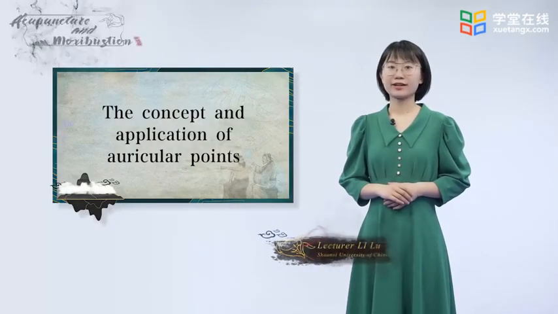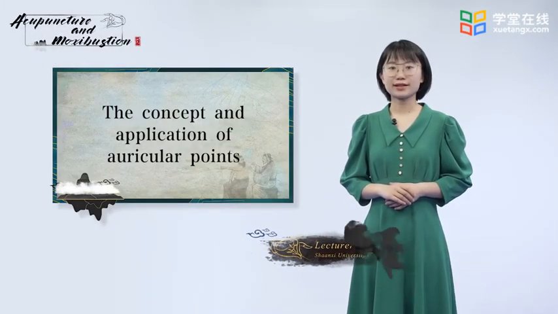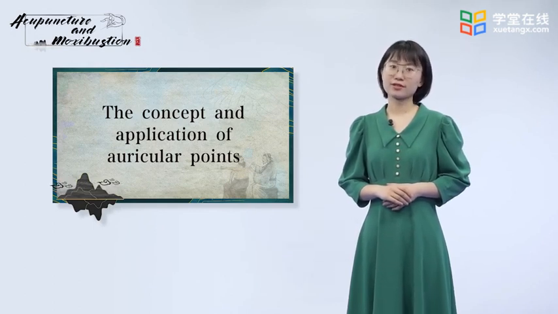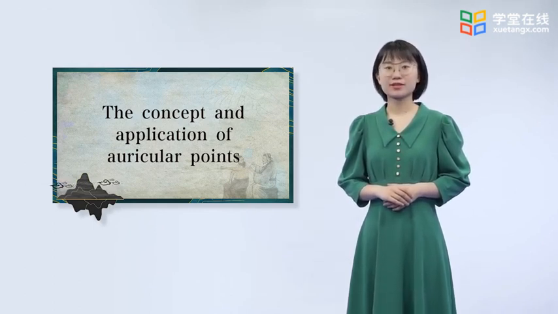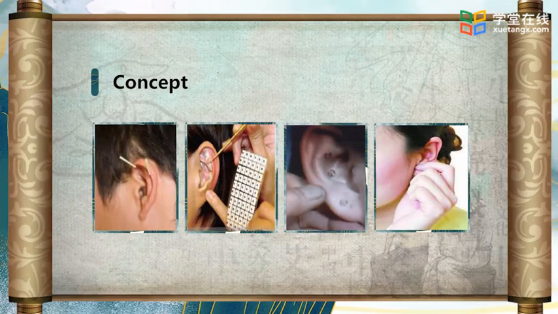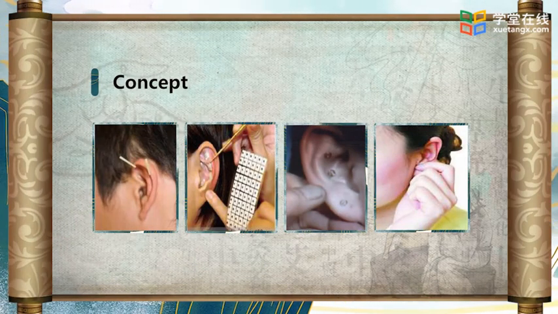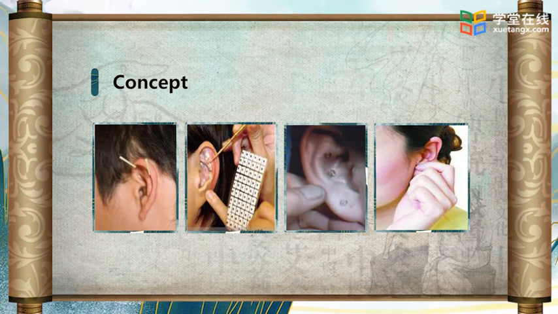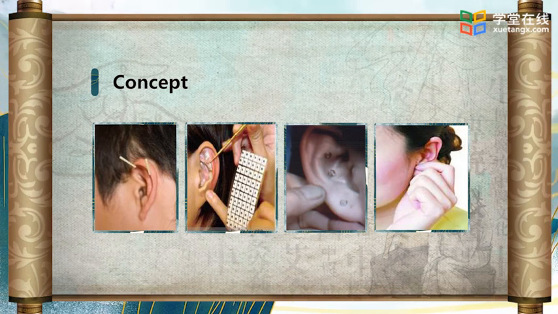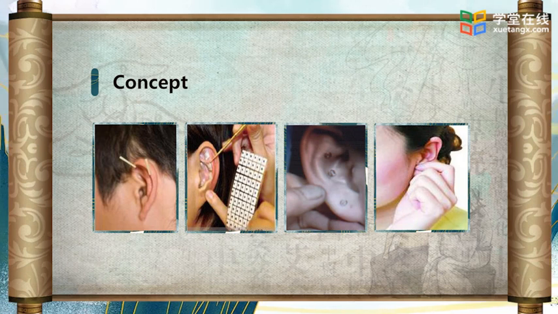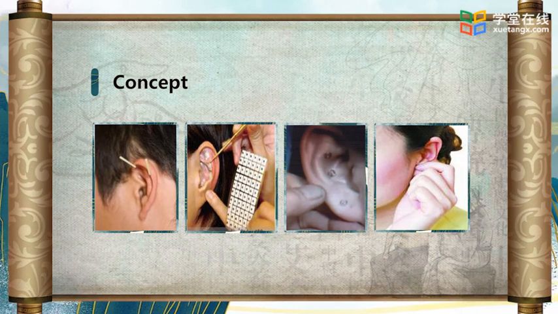Hello everyone, today we will talk about the second part of auricular acupuncture therapy, the concept and application of auricular points. Firstly, let us have a review of the concept of auricular acupuncture. It involves the stimulation of specific points on the auricle, front or back side, with small needles, intradermal needles, or small pebbles, the vaccaria seeds that are taped on the points.